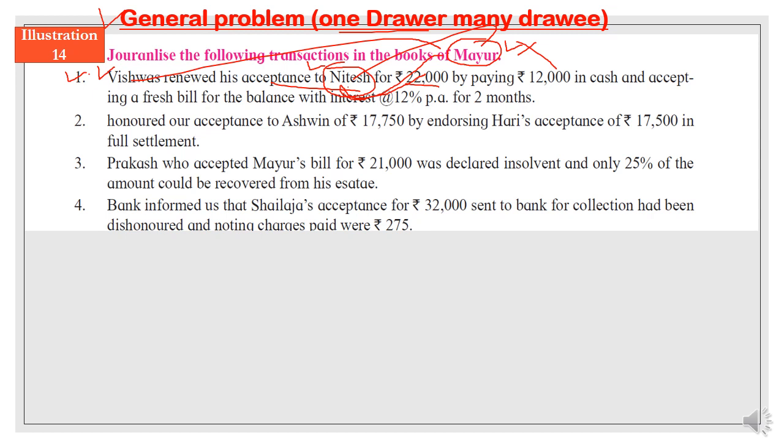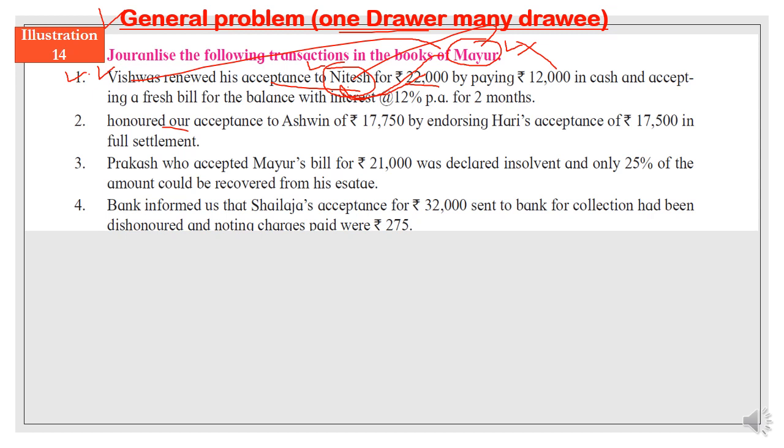The next transaction says honored R's acceptance. R means Mayur. So Mayur honored the acceptance to Ashwin by endorsing Hari's acceptance of rupees 17,500 in full settlement. Students, just try to understand. R's acceptance means Mayur's acceptance, meaning Mayur is a drawee of Ashwin and Ashwin is a drawer on Mayur. So what did Mayur do?